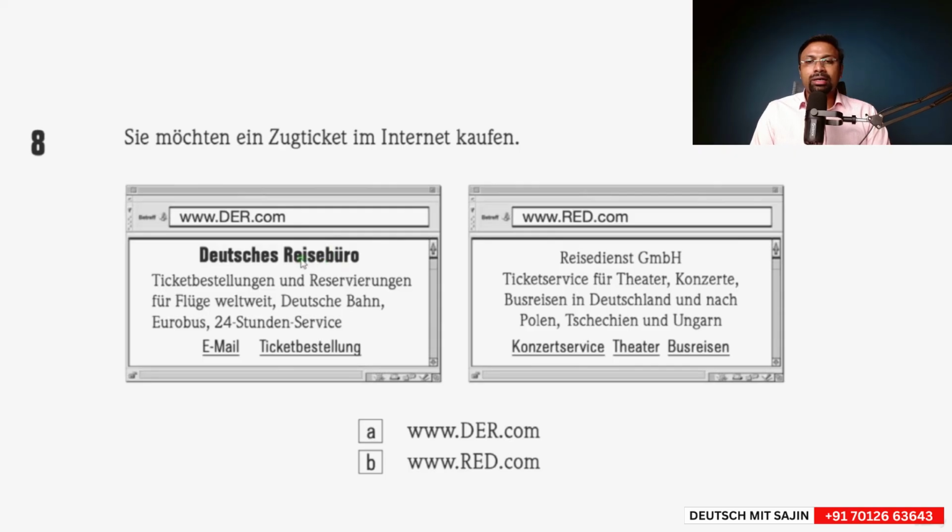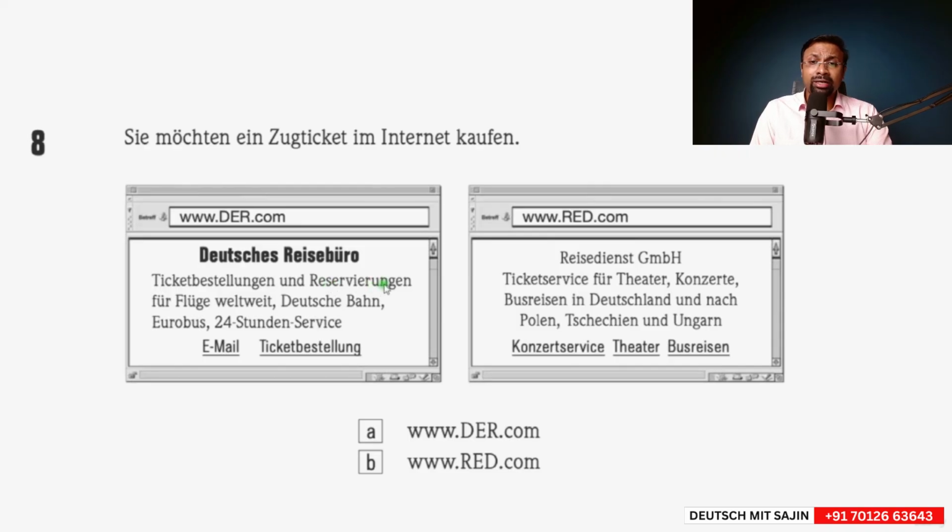Ticketbestellungen und Reservierungen für Flüge weltweit. Deutsche Bahn, Eurobus, 24-Stunden-Service, E-Mail, Ticketbestellung. Okay, so the ticket orders, Ticketbestellungen, again, this is the plural form. Die Bestellung, the order, die Bestellungen means the orders.